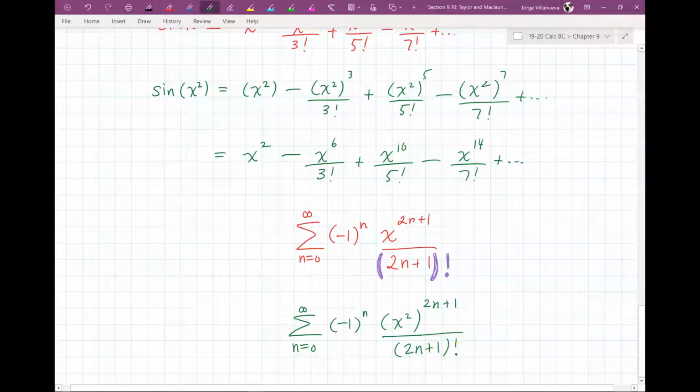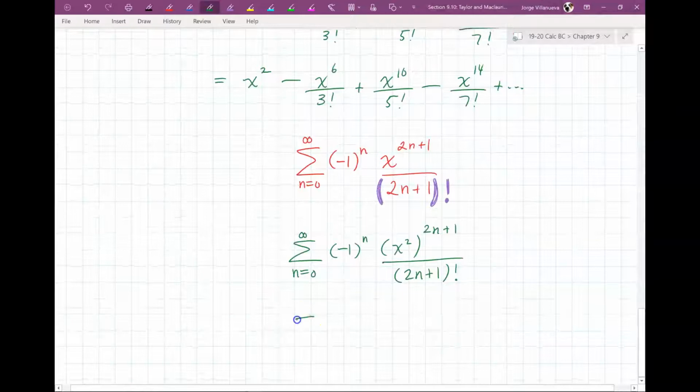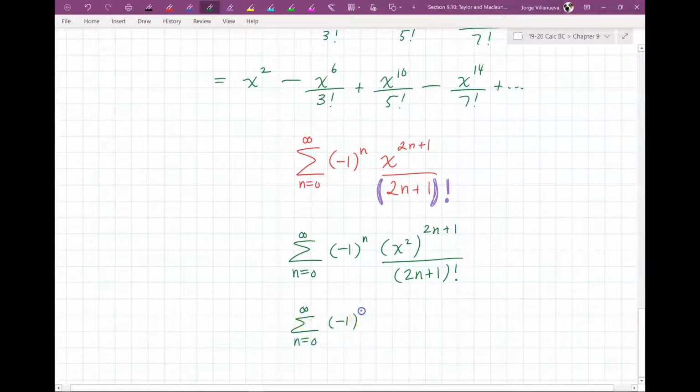You do have to simplify this, okay? So this will be the sum as n goes from 0 to infinity of negative 1 to the n of x to the 4n plus 2 over 2n plus 1 factorial.